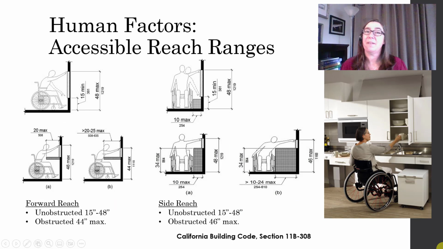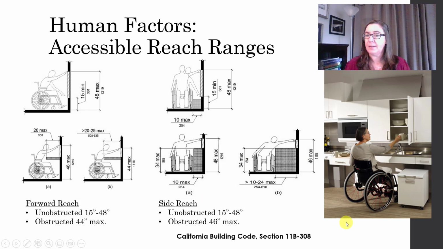Reach ranges vary, and users in wheelchairs have some of the most restricted reach ranges. And that's why we use them to illustrate these accessible reach ranges. You can see that people in a wheelchair can reach to different heights depending on how they approach an item, whether it is from the front, a forward reach, or from the side, a side reach.